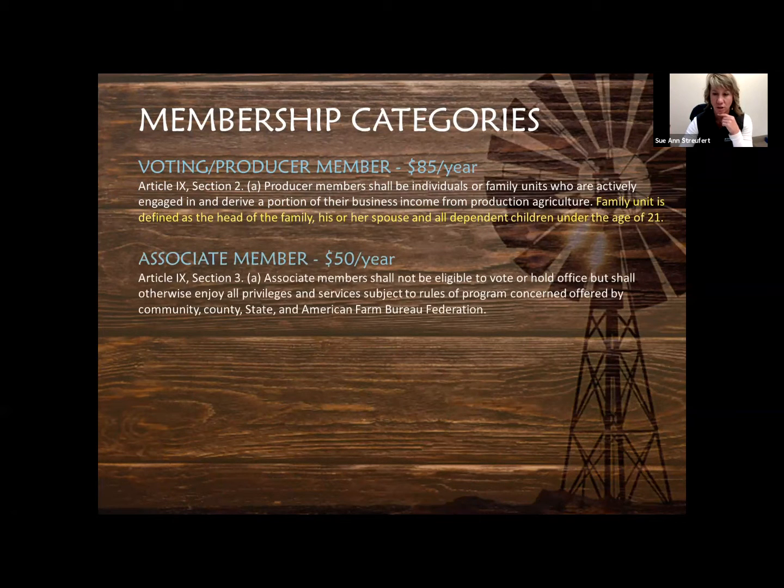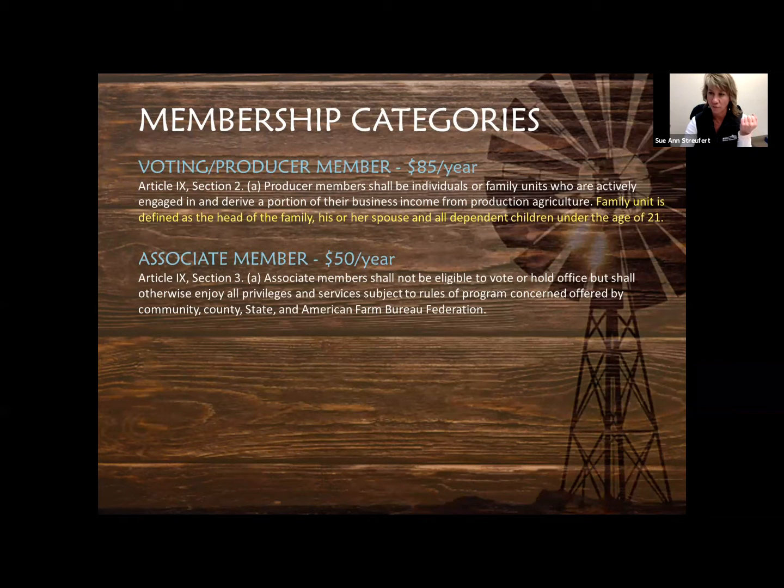Associate members are members that are basically not involved in production agriculture. Anybody that's not involved in production agriculture that has an insurance package policy pays associate member dues. So that's $50 a year for associate members. I want to reiterate that these members cannot vote and cannot hold office.